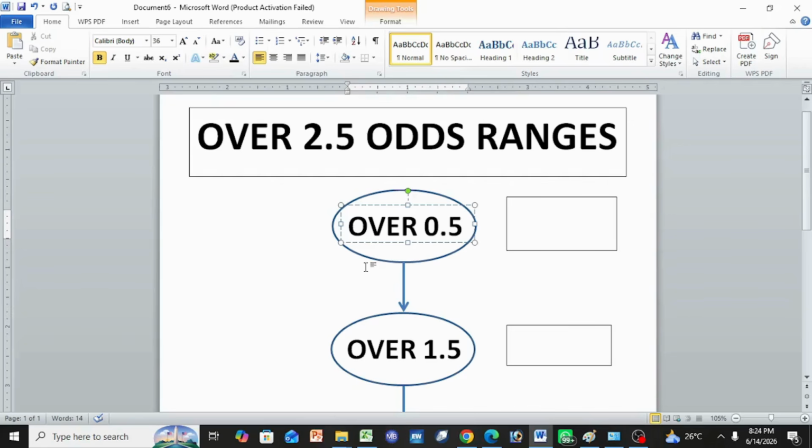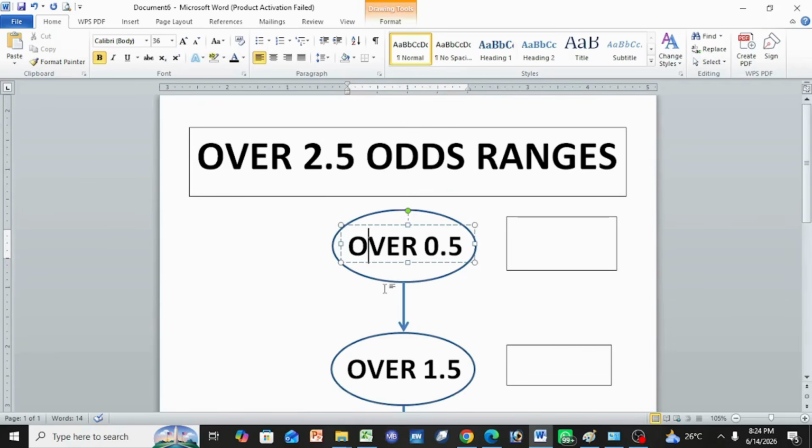In other words, you can use it as a way of scouting and seeing a game that has a high potential of giving you over 2.5 goals or more. So stick with me while I unveil this powerful strategy for you.